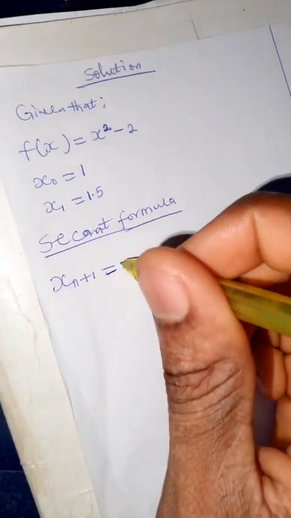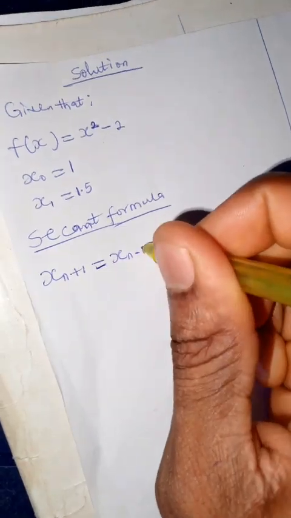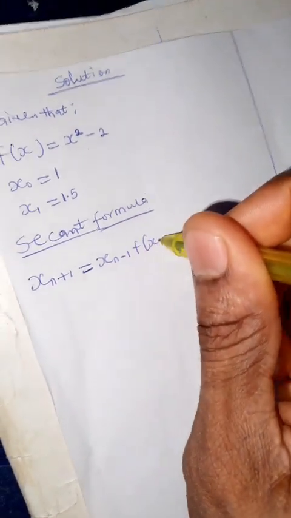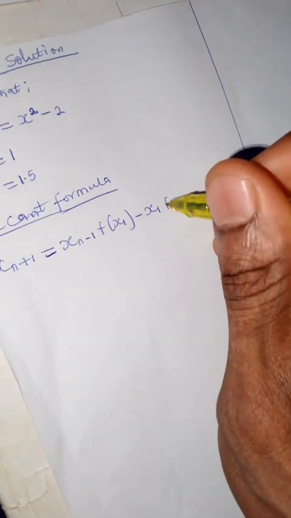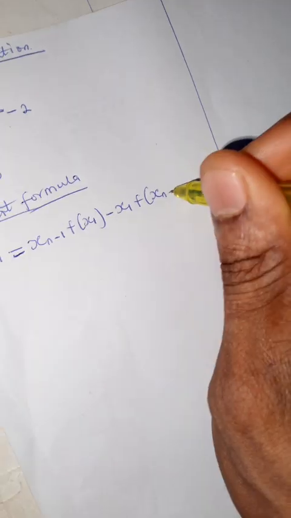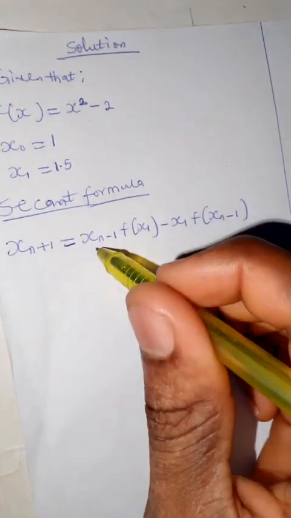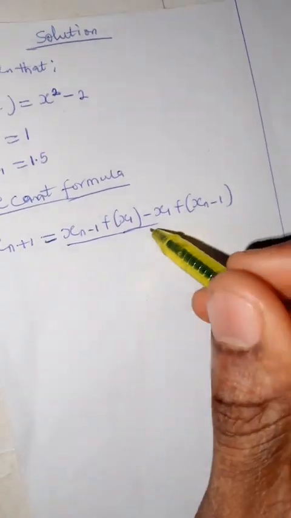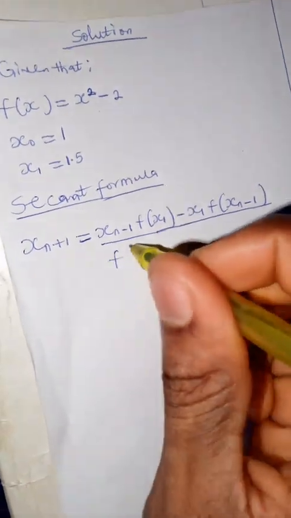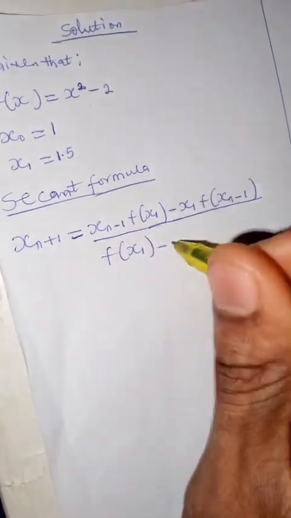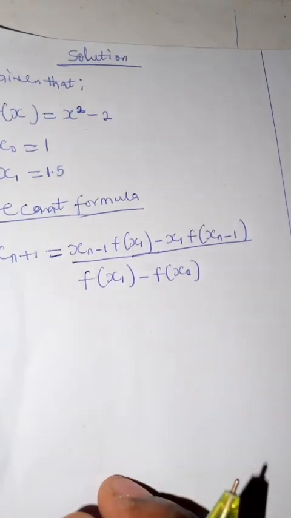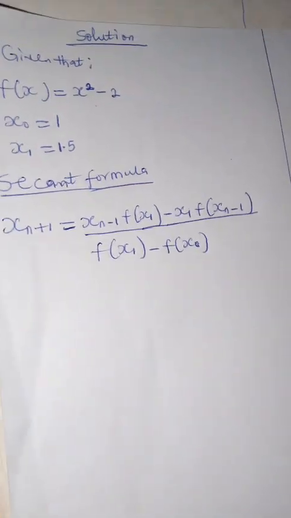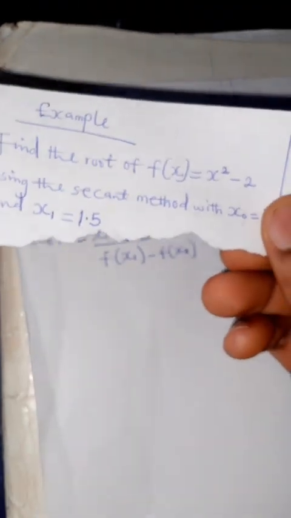You don't need to be distracted. So this is the secant formula. We're going to use this formula to solve this particular question.